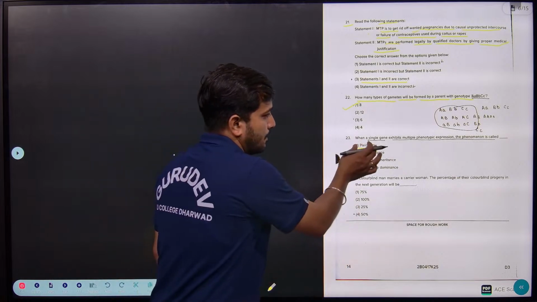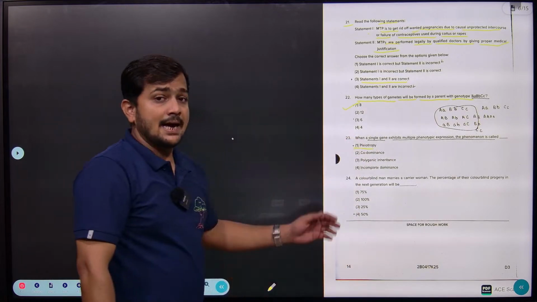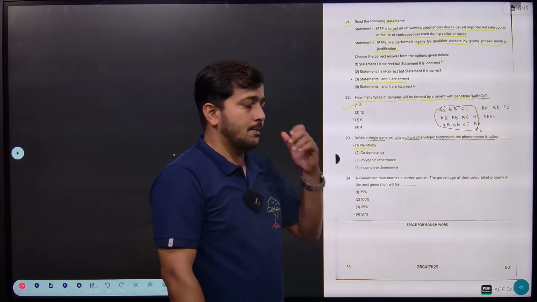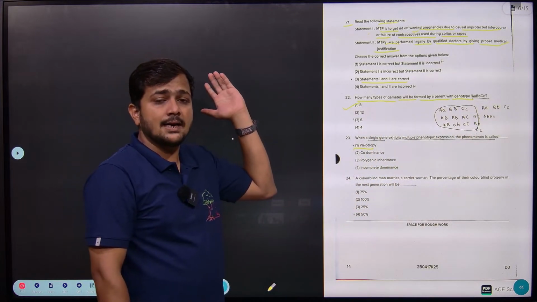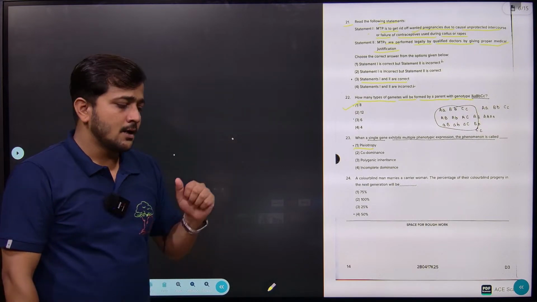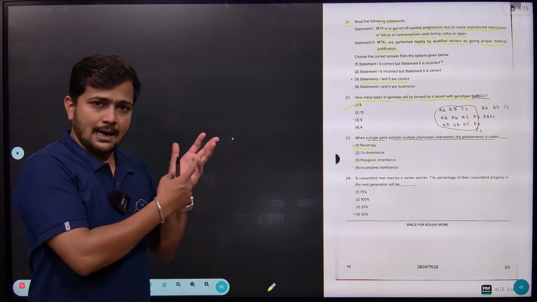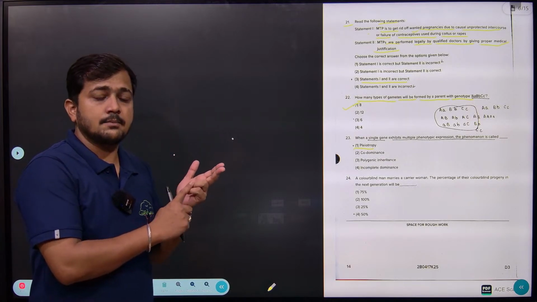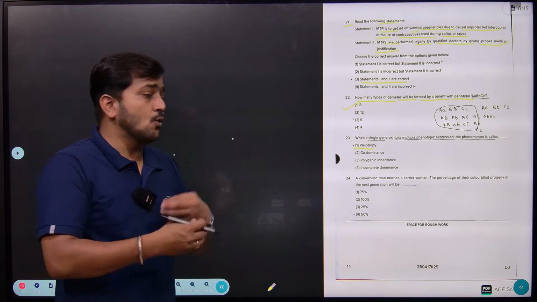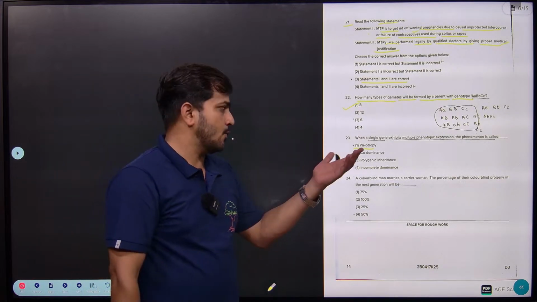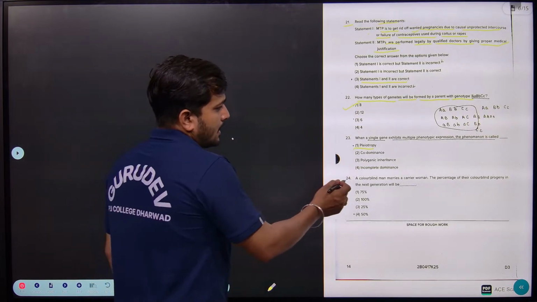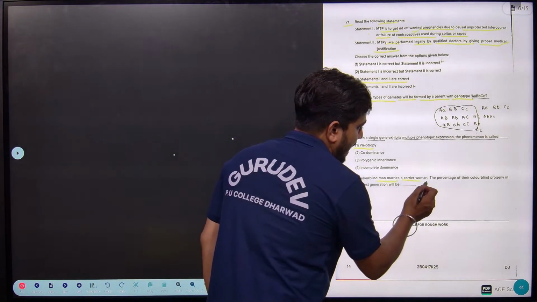So here the answer is pleiotropism. As I have told you, the example is phenylketonuria, based on the absence of the phenylalanine hydroxylase enzyme. Then the person will suffer from albinism, and sometimes even becomes mentally retarded. So we see more phenotypic expressions or characters with pleiotropism or pleiotropy.